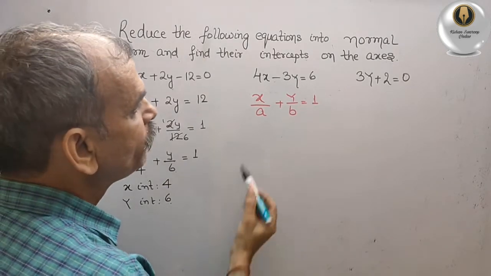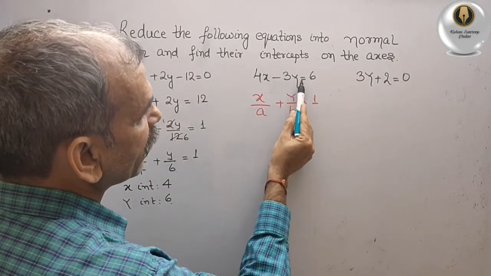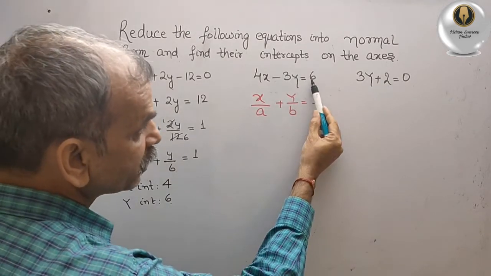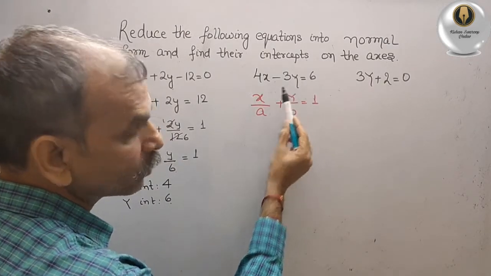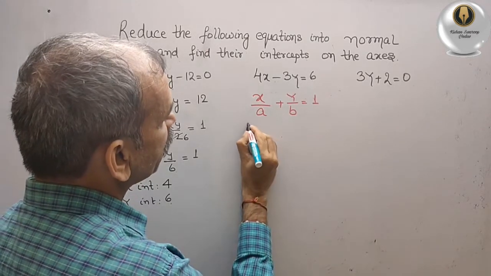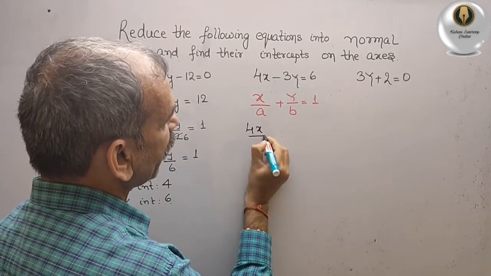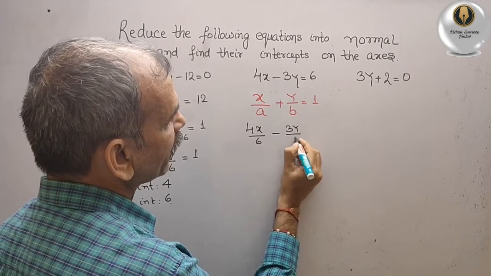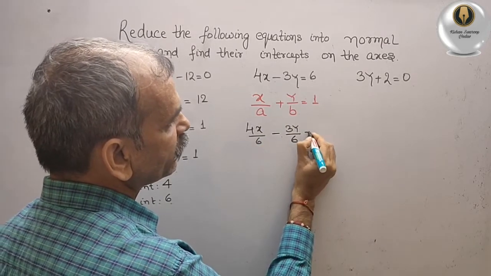Now next, 4x minus 3y is equal to 6. Now just bring 6 down. So what happened? It will come as 4x by 6 minus 3y by 6, that is equal to 1.